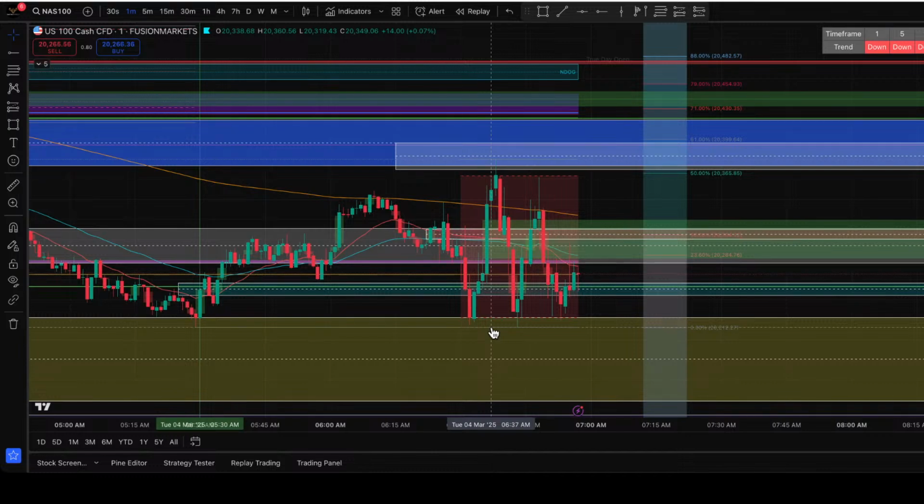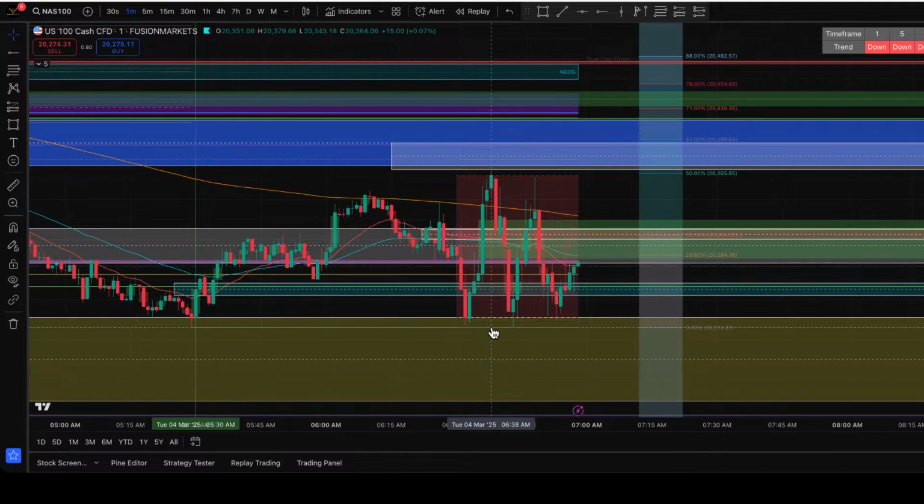Three minutes till 10. Usually the news helps with the manipulation. When they have no news, this is why they do this. They just sweep liquidity back and forth before ideally returning to the new day opening gap.